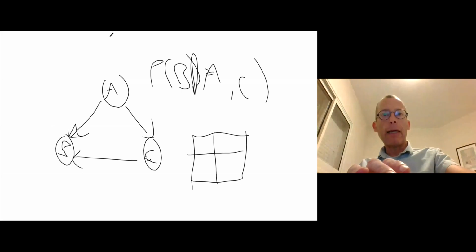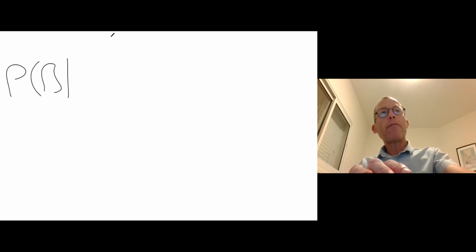So this is P of B given A and C. In this case, P of B equals 1.